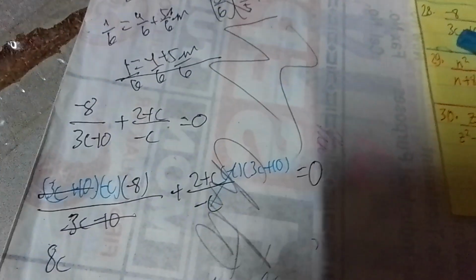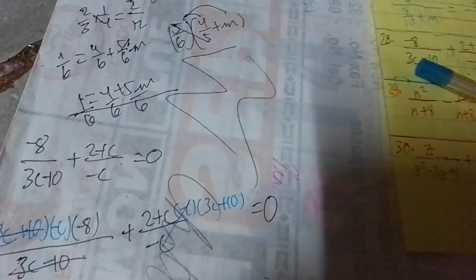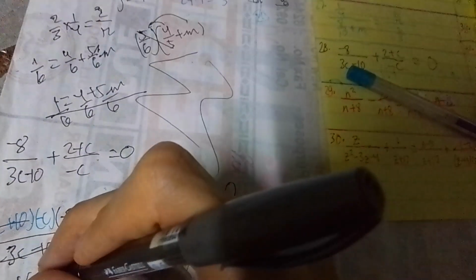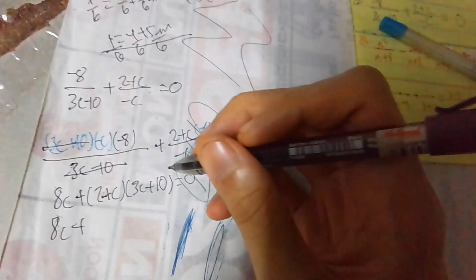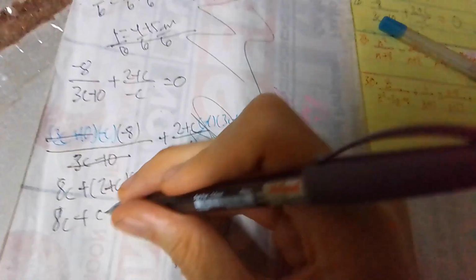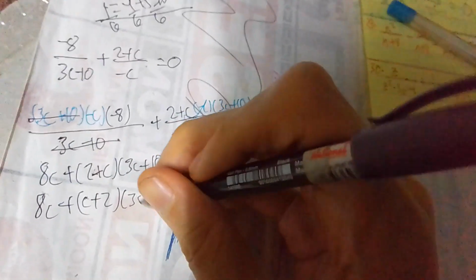And then on this side we have 2 plus c times 3c plus 10 equals 0. So now we apply the math. This becomes 2 times 3c, or we can do c plus 2, and then 3c plus 10.